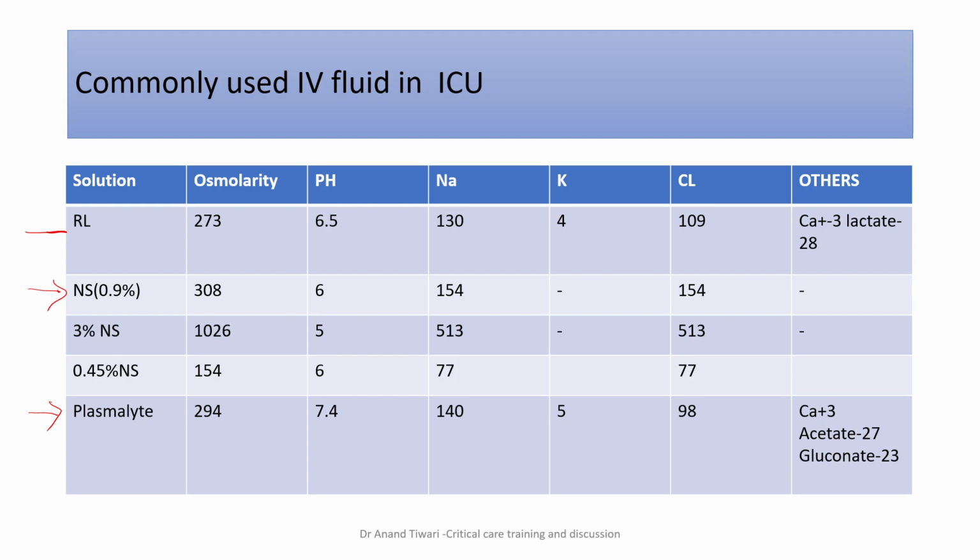If we see ringer lactate, it is a little bit hypotonic solution, that's why we are not preferring it in head injury patients. You see that sodium is 130, potassium is 4, chloride is 109, lactate is 28, which is a buffer base that gets converted to bicarbonate in the liver. It is a very ideal solution and mimics what is seen in the plasma.